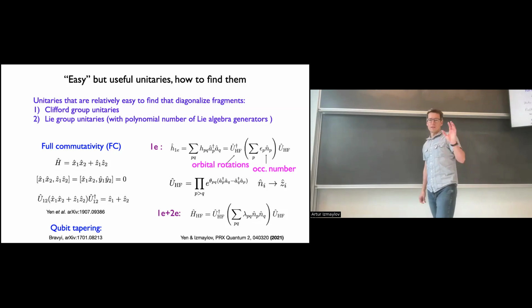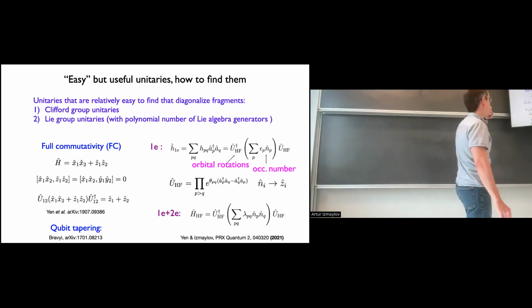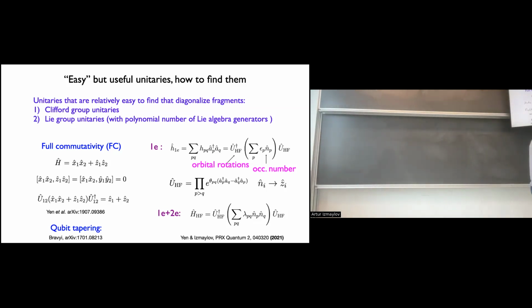All right, but how do we find these unitaries that, for any electronic Hamiltonian, diagonalize the problem? It's based on a very useful isomorphism. There are these operators, one-electron excitations, one can introduce, A_P, A_Q, right?